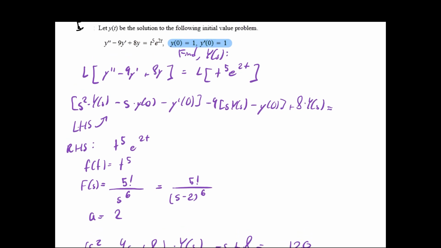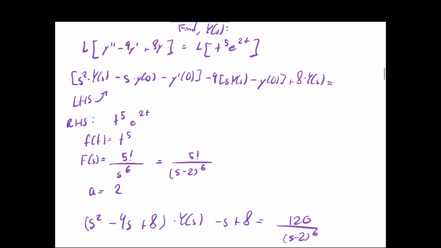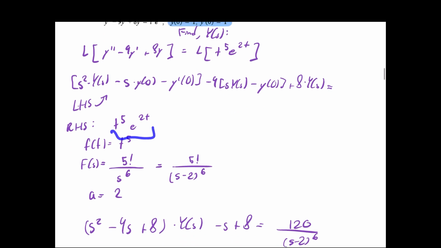We're doing sort of similar steps, where y double prime is reflected right here, y prime right here, and my y right here, and we multiply it by the corresponding coefficients. And yeah, so we're decreasing a term, multiplying by the initial condition, decreasing another term, and multiplying by the derivative of the initial condition. And we follow the same pattern here. And that's our left-hand side. Our right-hand side is this. We're taking the Laplace of it.